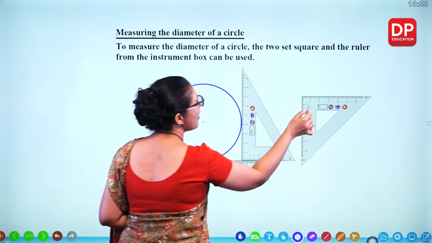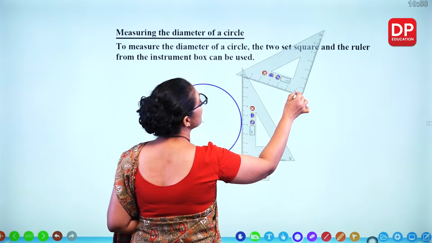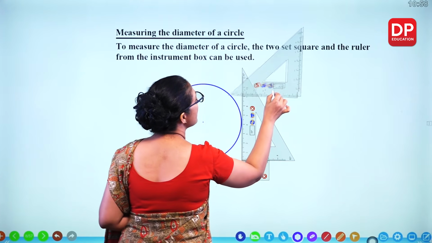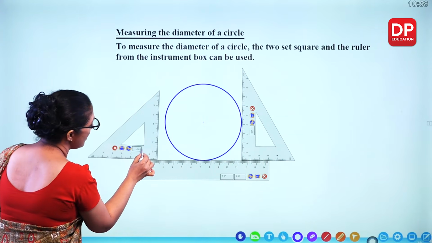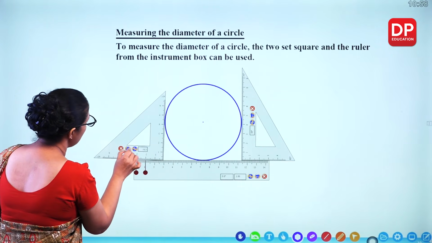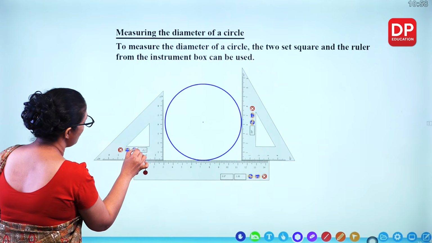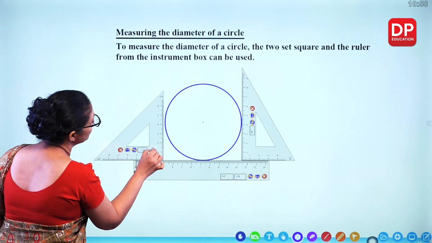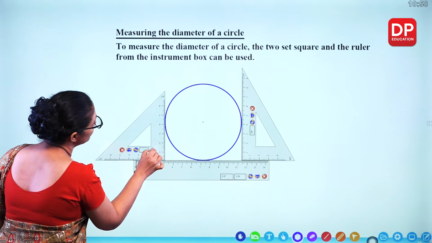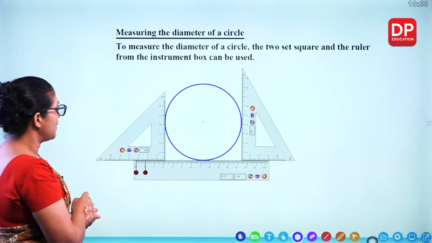The other set square, you take it like this and keep on the other side. It only touches the circle and needs to be kept on top of the ruler. Like this.